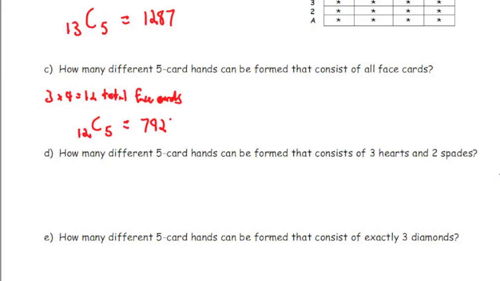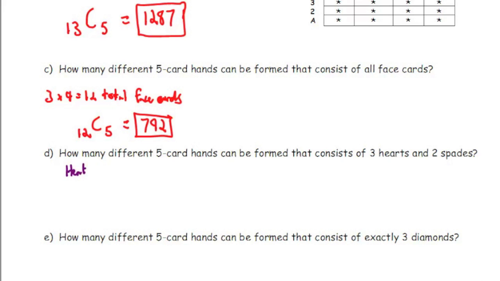Which means now, out of 12 cards, we're going to select 5, and that's just equal to 792. So again, the number dropped because we have less cards to choose from. But what happens now if we start to restrict exactly what types of cards we're trying to select?